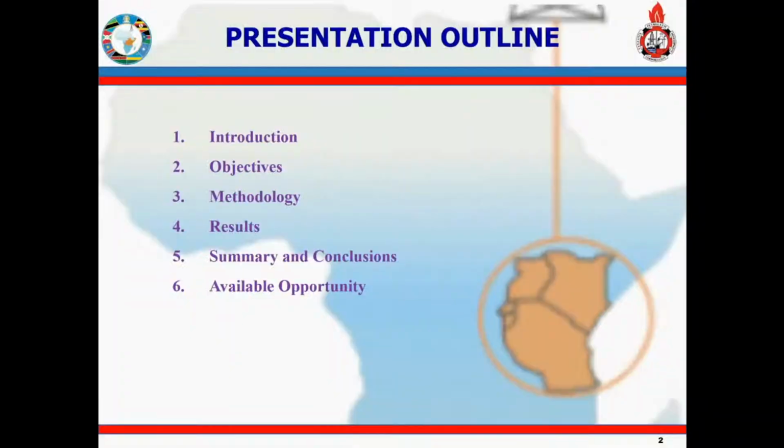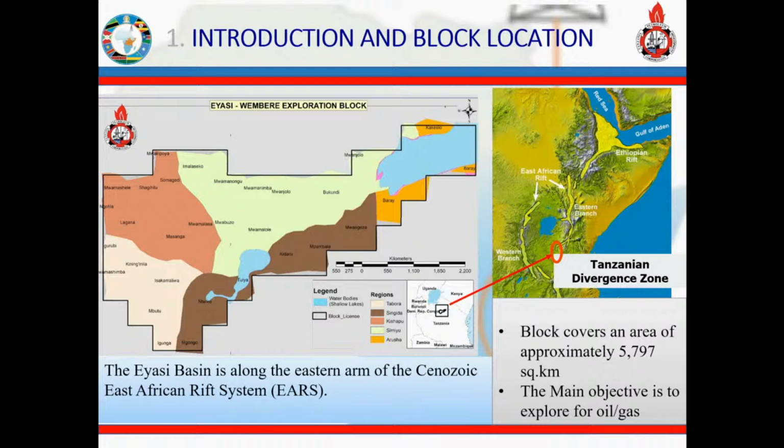Yeah, these are my objectives on which we are going to base our discussion today. And when we say EAPCE'25, this is the Rift Basin, which is along the East African Rift system, on the eastern arm of the East African Rift system.